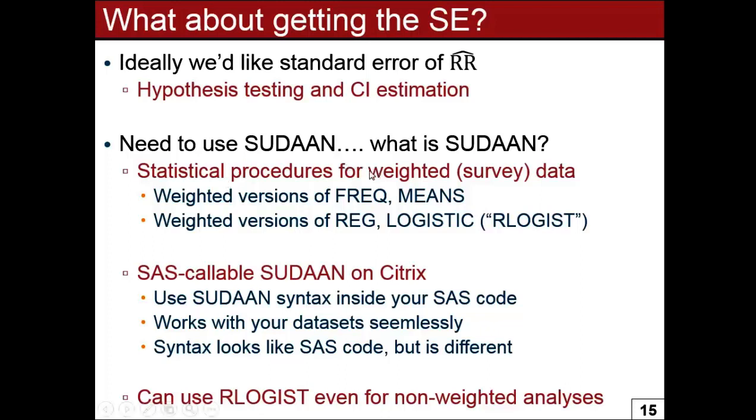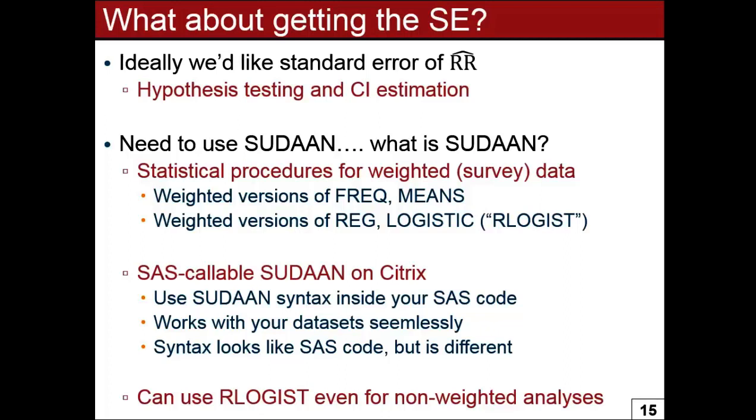Sudan is a package that was developed as a standalone package, but also as an add-on to SAS. It analyzes survey data: weighted, complex sampling, cluster surveys, or various probability survey data. It contains versions of proc means, freq, and the linear and logistic regression procedures, all of which deal with complex sampling and weighting schemes.